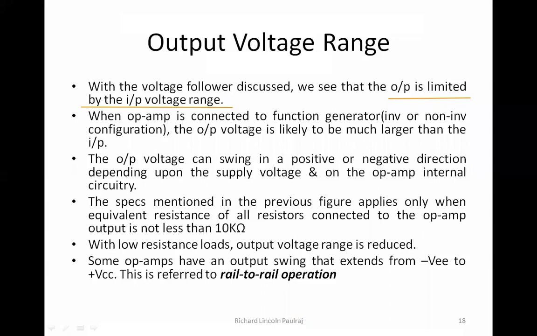So the output voltage is likely to be much larger than the input. So what is the gain of the op-amp? How much is it? Does it have very high gain or very low gain?